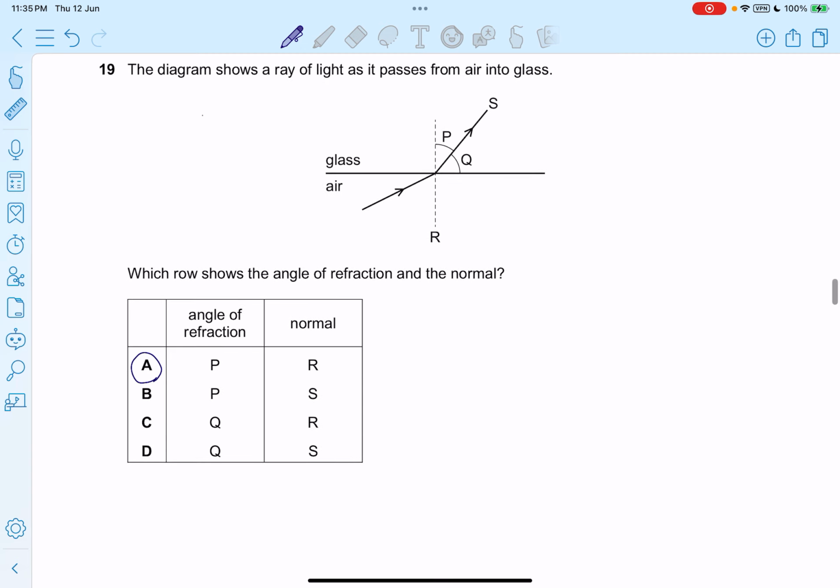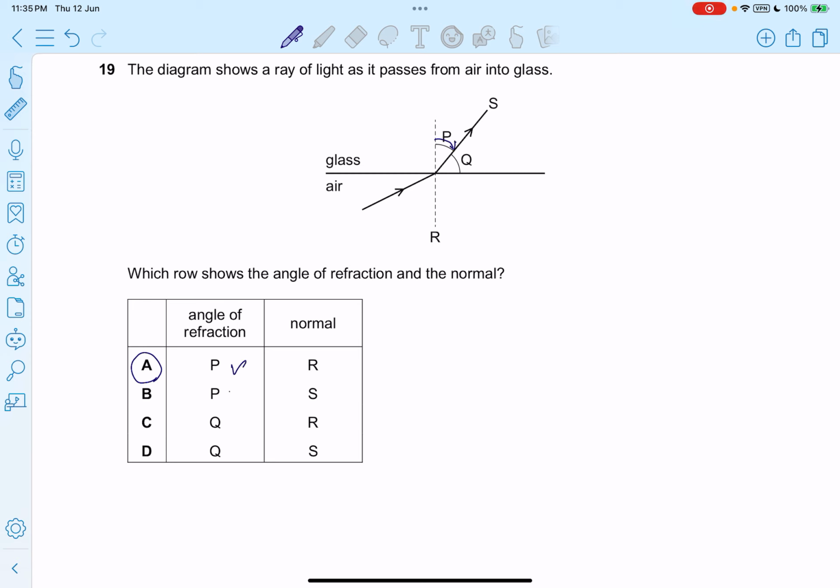Number 19, the diagram shows a ray of light as it passes from air into glass. So air is down here, glass is up here. Which row shows the angle of refraction and the normal? So angle of refraction is always taken from this normal line, like this.